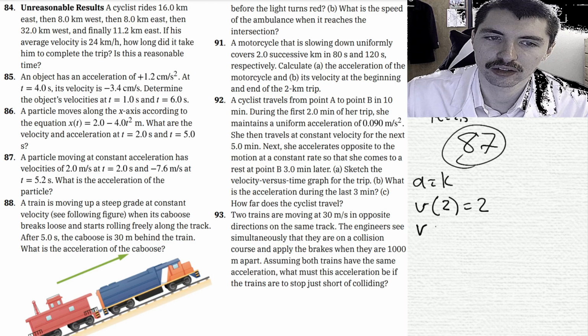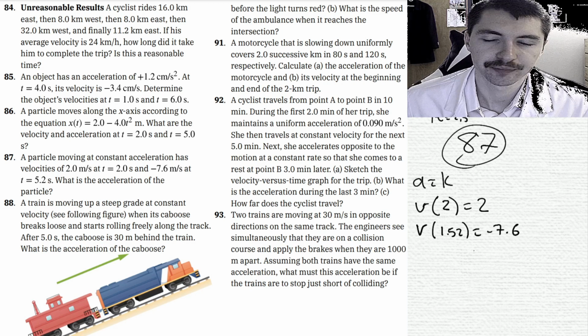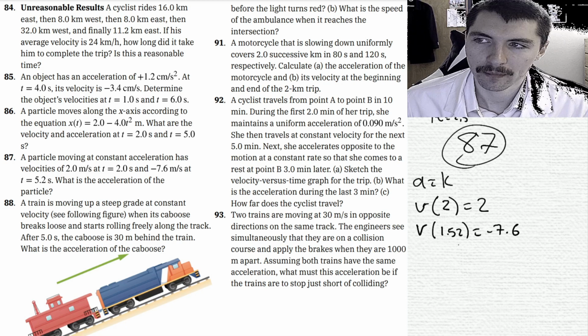Okay, v of 1.52 is negative 7.6. Okay, so we want to find the constant acceleration.